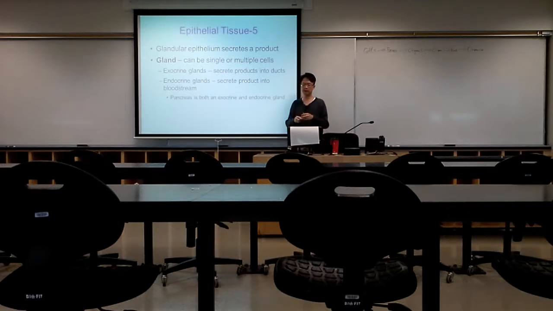The pancreas is also an exocrine gland. When the pancreas acts like a digestive organ in the digestive system, it can secrete digestive enzymes into the small intestine to help us digest food. So the pancreas is like the only organ that is both an exocrine and endocrine gland.